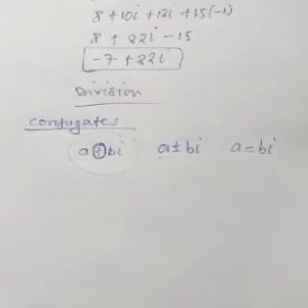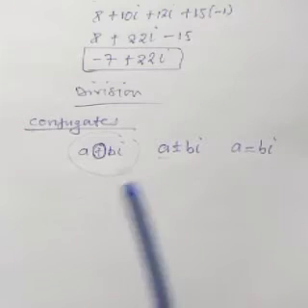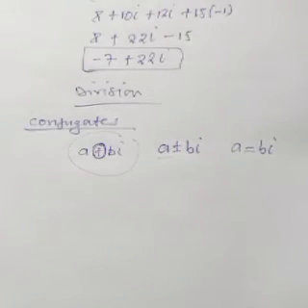Now, how can you make sure that you are doing the right thing? This normally applies to the quotient. The meaning of quotient is whenever you're trying to divide.